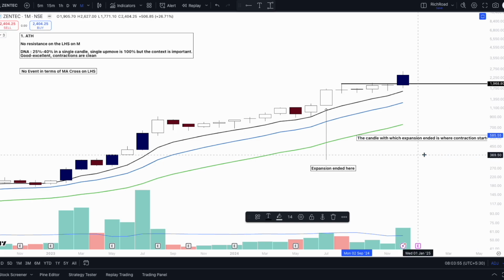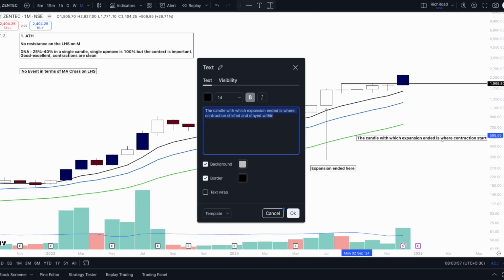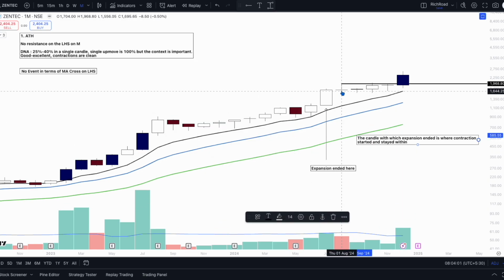This is one of the most important points that I always talk about, that this is the candle where you can say it stopped expanding and everything that happened in the contraction stayed within this. Yes, there is a little bit. If you see the high of this, it's 1997.70, goes up just a little bit, but that's about it. Everything else has stayed within the contraction from where it started.